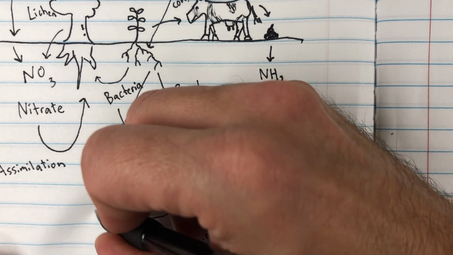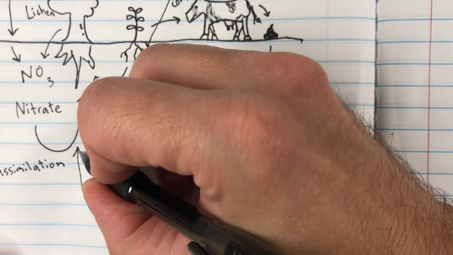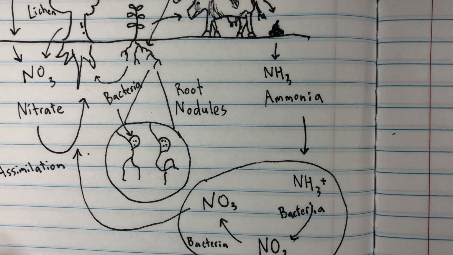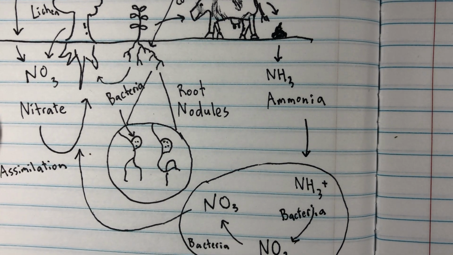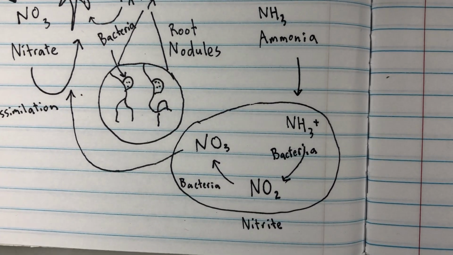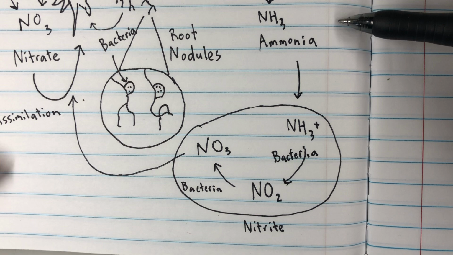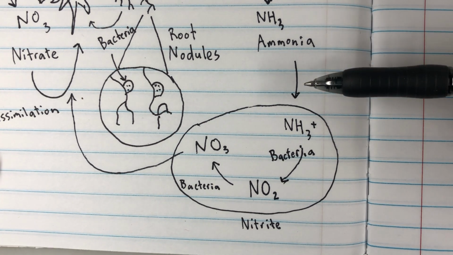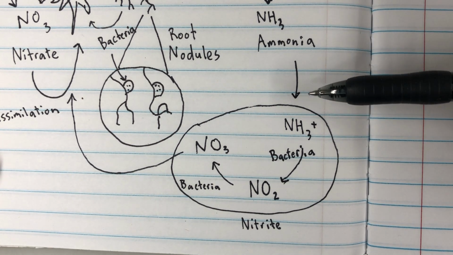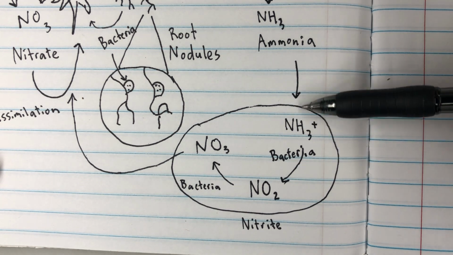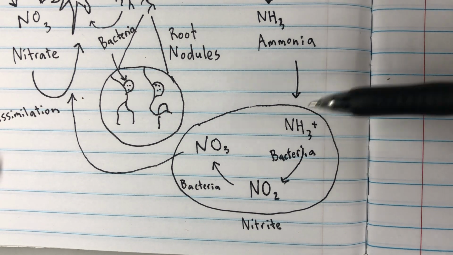So nitrate can be useful to be assimilated back into the roots of plants, okay? So this happens in the soil, and you might say, well, don't you see farmers using manure to fertilize their soil? Yes, but once they lay that down, this process begins.